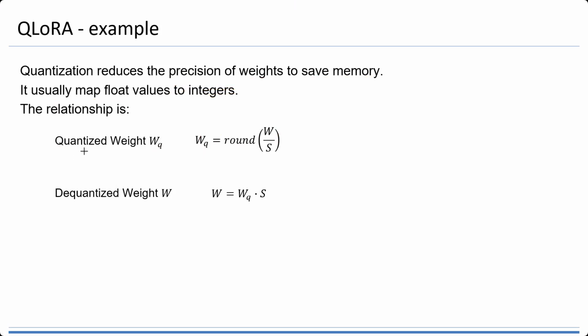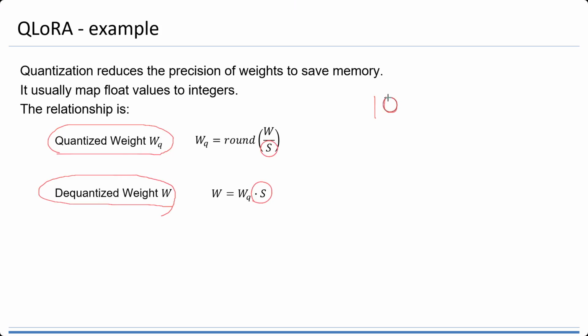And later, after we quantize, we will dequantize. So dequantize means after we divide with S, we can get the original value by multiplying with S. So let's suppose we have value 10.